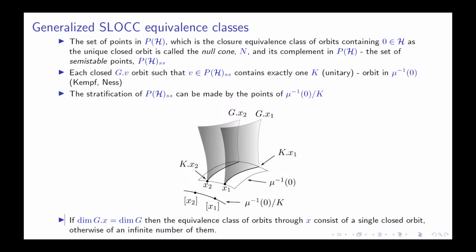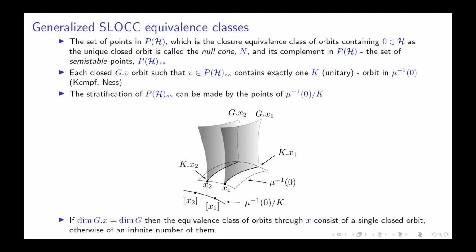So this is the picture of our complex orbits: this intersection with the pre-image, and here there are some points x1 and x2, and you take classes with respect to this unitary transformation. If the dimension of this is the dimension of the group, then the equivalence class through X consists of a single closed orbit, otherwise of an infinite number of them.